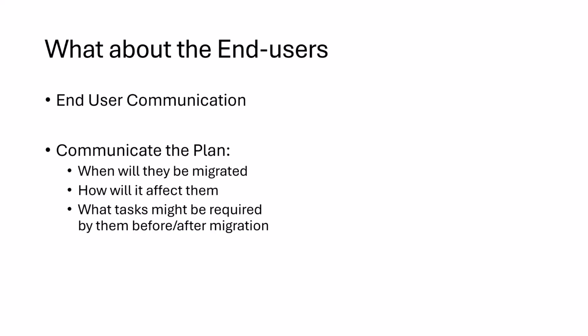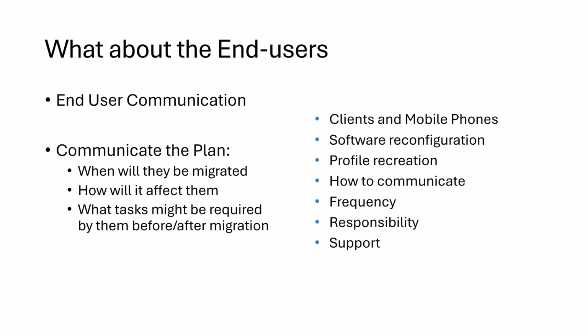Are there certain tasks they will need to do themselves, depending on how the deployment is, of different software, mobile phones, and so on? You need to communicate that to the end users, and it really is different from business to business how to approach this, both in terms of how we communicate with them, the frequency, and so on.